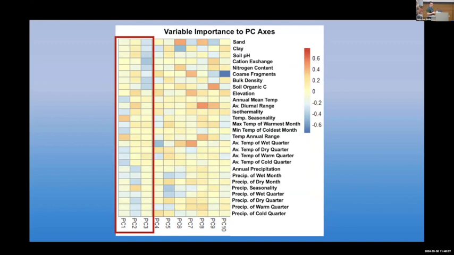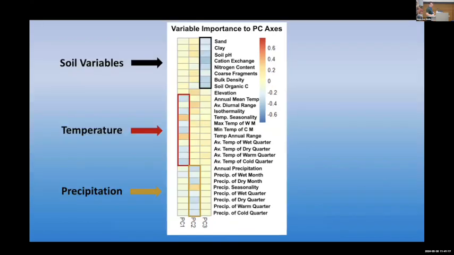So this plot uses the loadings from the PCA to look for what variables are contributing as clusters to the variation in this group. We're just going to focus on the first 3 PC axes that are highlighted in red.